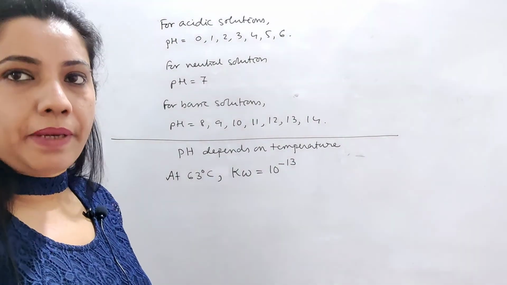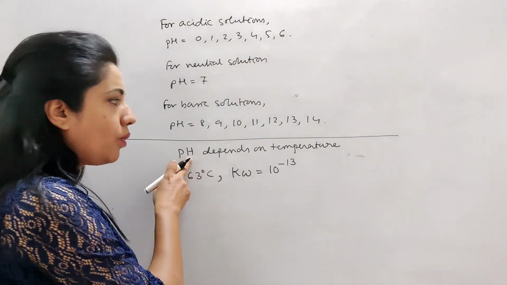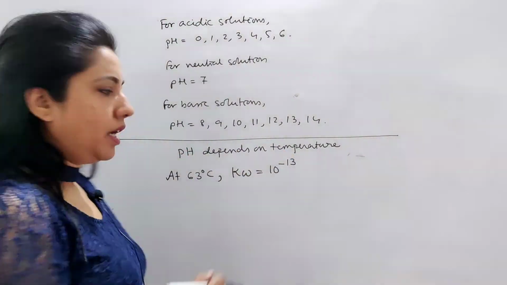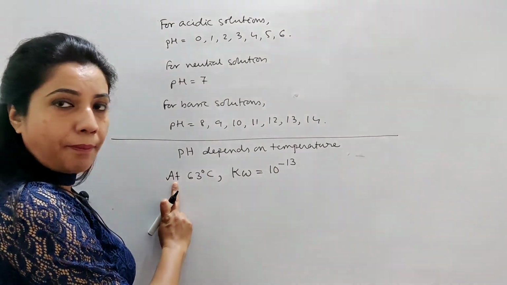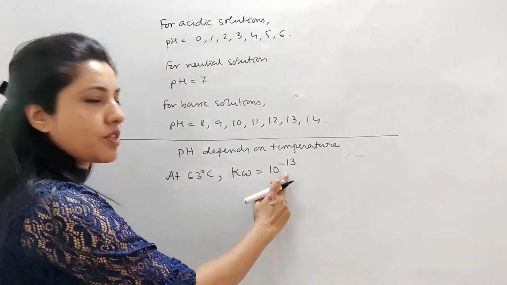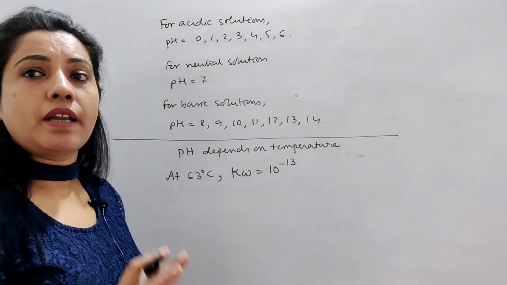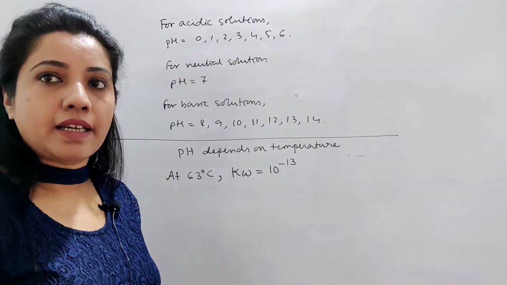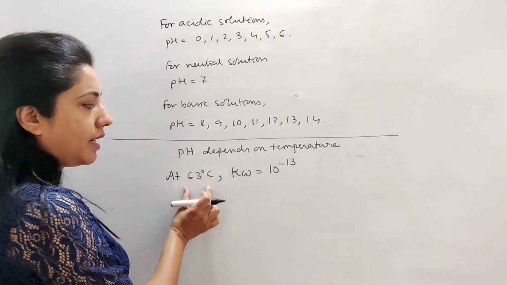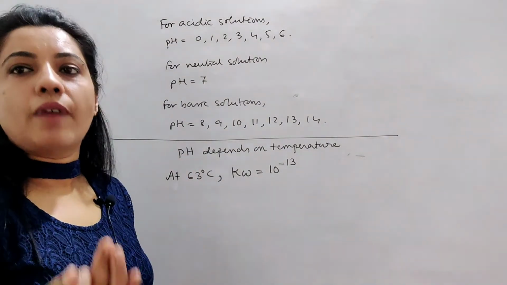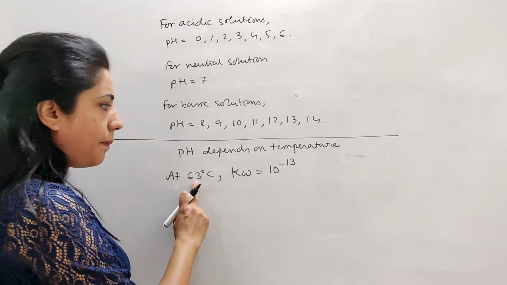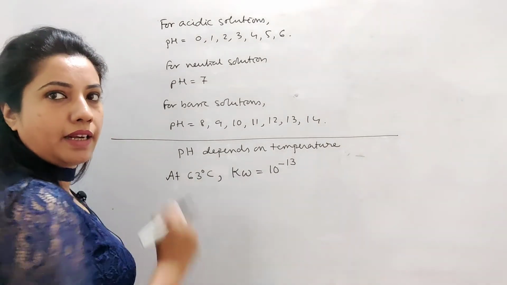So let us find out the pH. We will prove how pH depends on the temperature. At 63 degrees Celsius temperature, Kw is equal to 10 raised to power minus 13. It has been found out experimentally. Normally it is 10 raised to power minus 14 at 298 Kelvin, which is 25 degrees Celsius. So when you increase the temperature, the value of Kw increases.